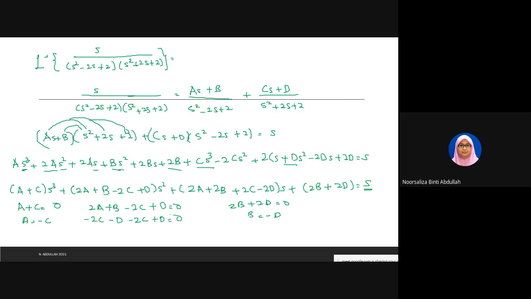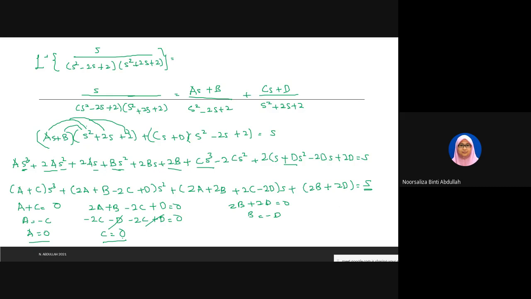Betul? Okay, minus D plus D cancel. So C equals to 0. A equals to 0. So A dengan C you dapat 0.